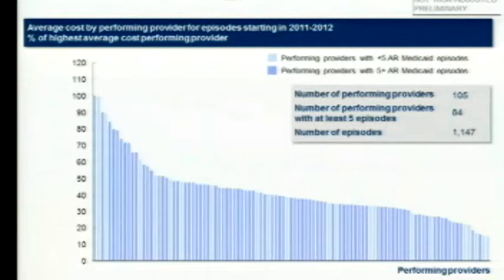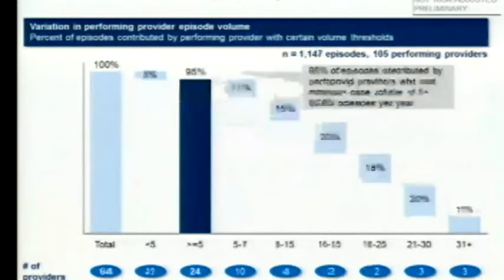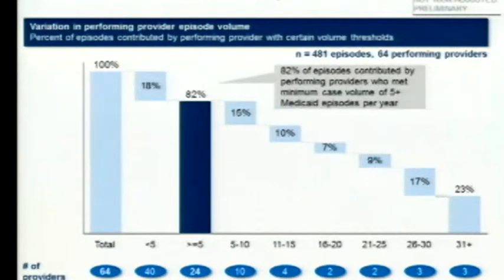Then on pages 43 and 44, these two charts show the distribution of episodes across the various performing providers. On page 43 for Medicaid, in 2011 there were 64 providers for PCI episodes.